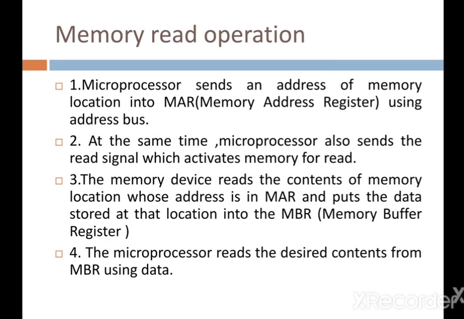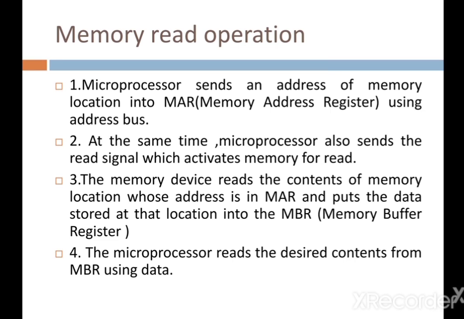Then next, the memory read operation. First step, the microprocessor sends the address of the memory location into the MAR, that means memory address register, using the address bus. Second step, at the same time the microprocessor also sends the read signal, which activates memory for read purpose.